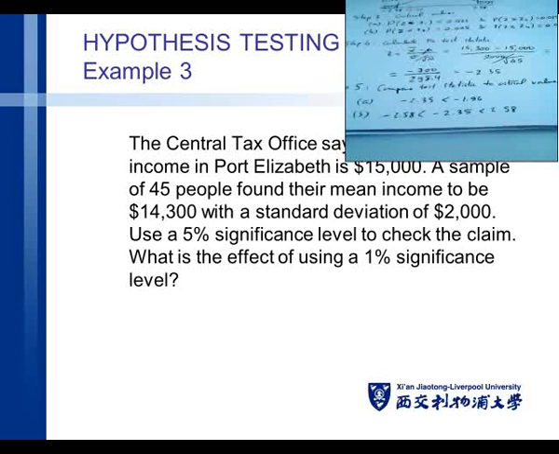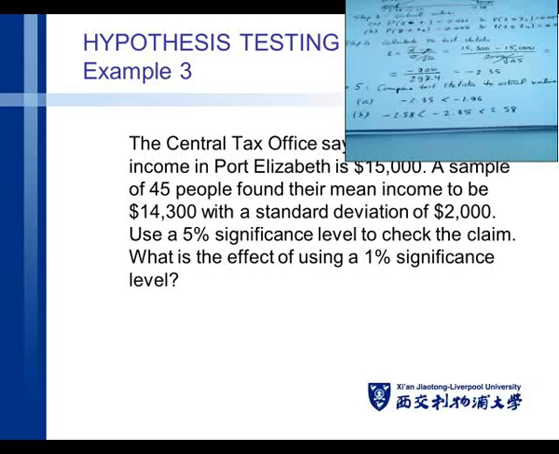So when the significance level is 5%, it is to the left of the critical value. When it is 1%, it is between the critical values.